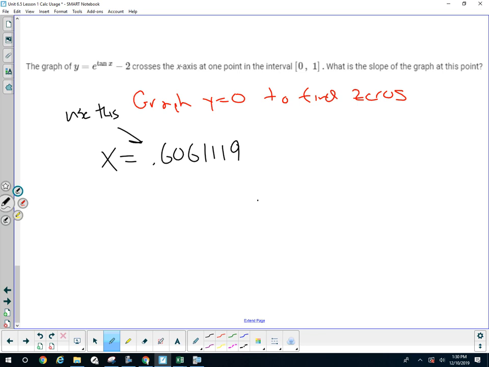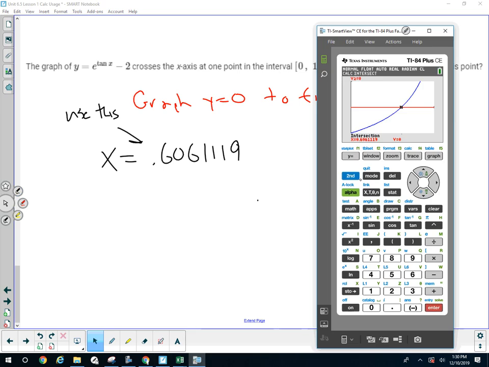Okay, I got 0.606119. We will now second calc my dy dx at that point. Now notice my cursor moved a little. It's now at 0.6060606. I don't want that.